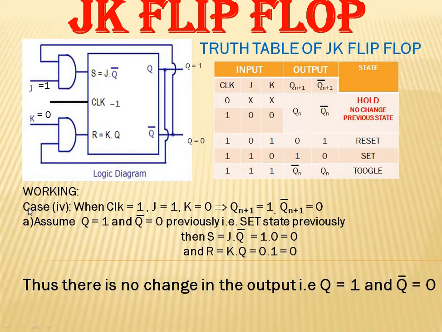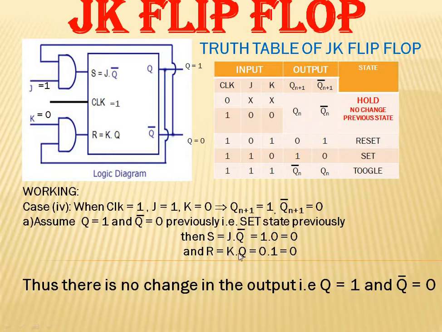Next, when clock is applied, J is equal to 1, K is equal to 0. This is a set state. Again, let us consider two instances. One is a set state previously and another is a reset state. When set state is there previously, that means S is equal to J into Q bar will become 0.